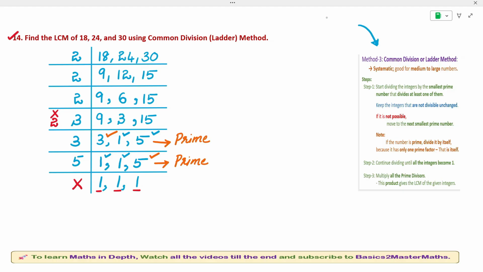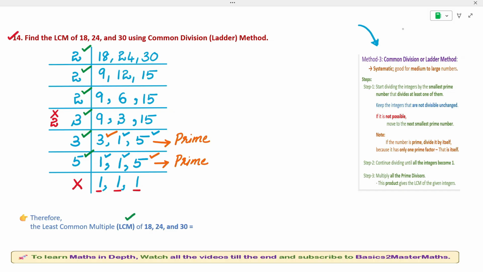Finally, multiply all the prime divisors. In this case, they are 2, 2, 2, 3, 3 and 5.